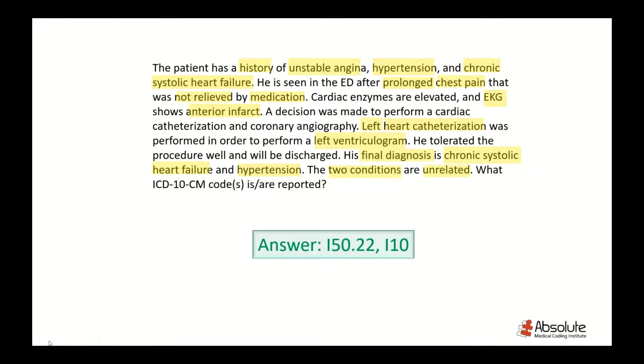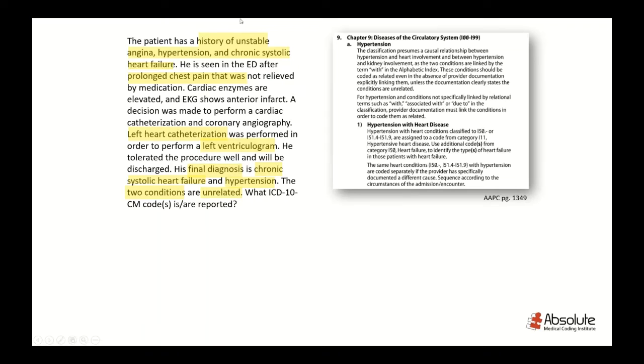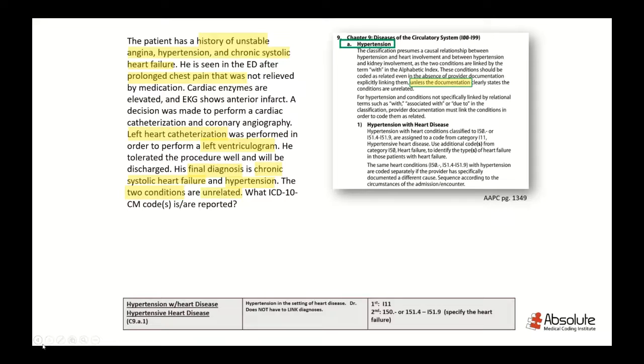Remember, back in your part 2 ICD-10-CM, when you're coding a heart condition, here's the guideline I'm talking about: hypertension with heart disease, or hypertensive heart disease, usually the doctor doesn't even link them together to be coded.